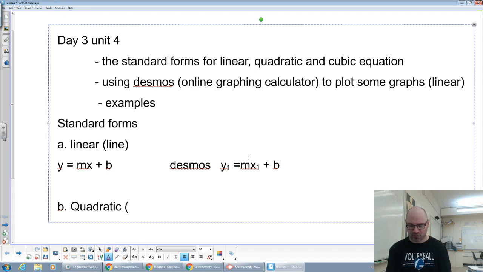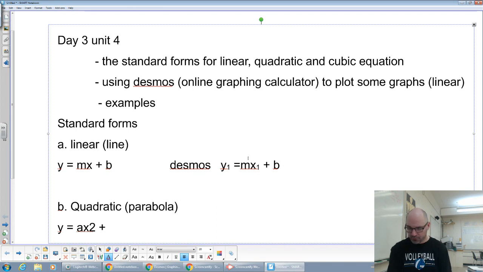And this is a parabola. What that equation is: y equals ax squared plus bx plus c, just like that. Okay, and this is squared.